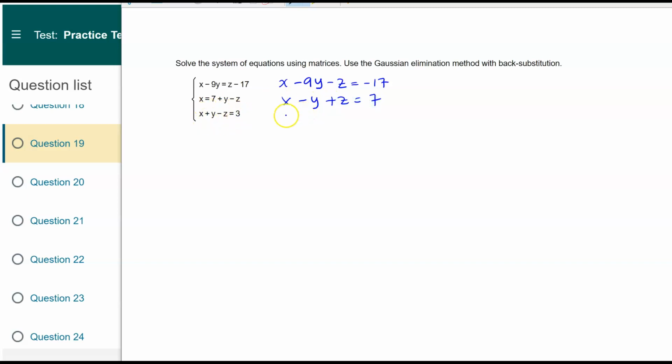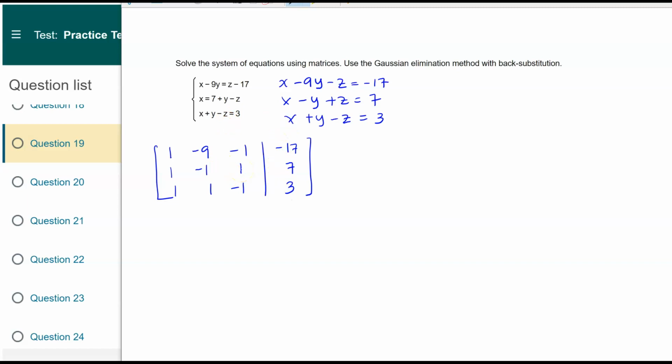And the third equation is X plus Y minus Z equal to 3. Thus, the augmented matrix is 1, negative 9, negative 1, negative 17. We write down all the coefficients of the variables: 1, negative 1, 1, 7, 1, 1, negative 1, 3.